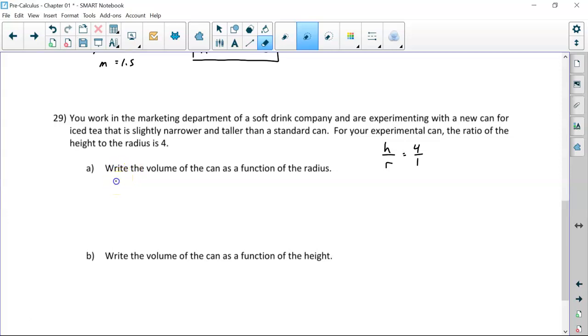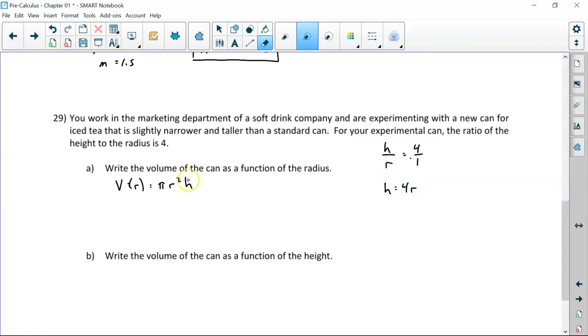It's a cylinder. So volume in terms of R is going to be pi R squared times H. Now we want to have the height written in terms of the radius. So we can take this proportion and cross multiply. H equals 4R.